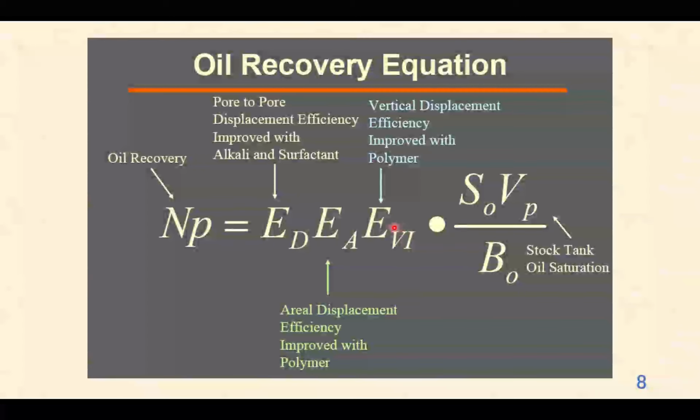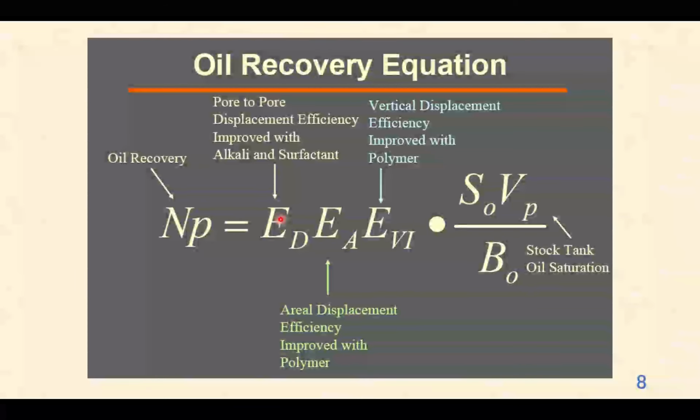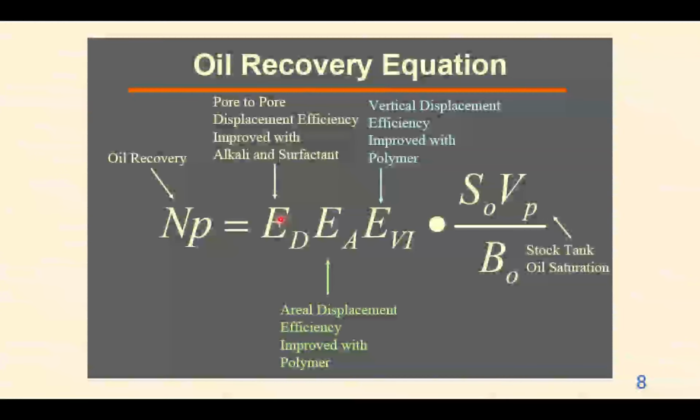In these chemical methods, the areal and vertical sweep efficiency can be improved by injection of different polymer solutions, and the displacement efficiency can be improved by use of surfactants or alkali, which reduce the interfacial tension, change the wettability, and cause emulsification.